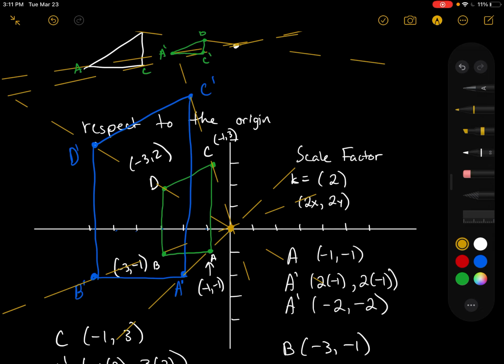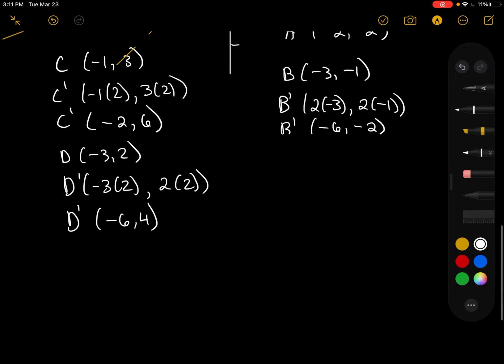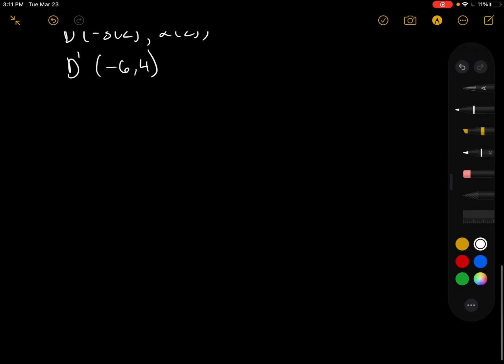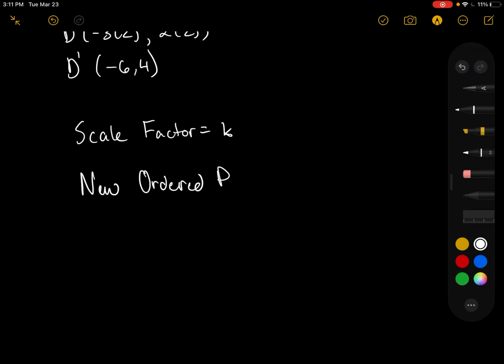So I'd say the basic framework for this is, one, finding the scale factor. So our formula for scale factor was new over old. And then second, if you're given the scale factor on the xy axis, how this is going to work is you're going to take your scale factor, which is k, and your new ordered pair is just the original x comma y, except we're going to multiply each of these by k.